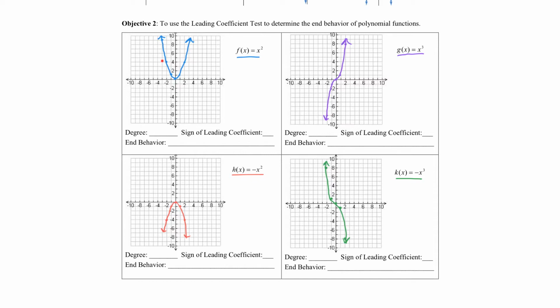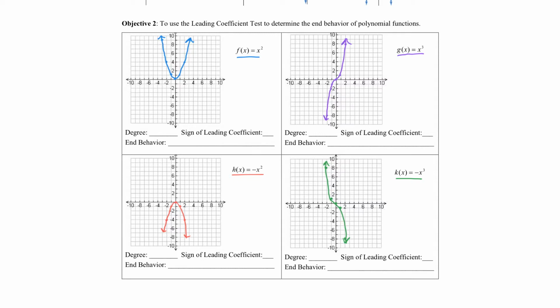So the parent cubic falls left, rises right. If I reflect my parent quadratic about the x-axis, it falls left and falls right. If I reflect my parent cubic about the x-axis, it rises left and falls right.